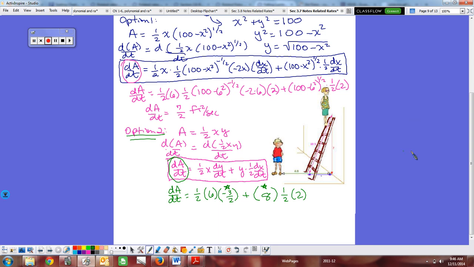Again, you're going to have options. You're going to decide which way you like best or which information you have in order to do it. And you should end up with the same answer that we had before, which is 7/2 feet squared per second.